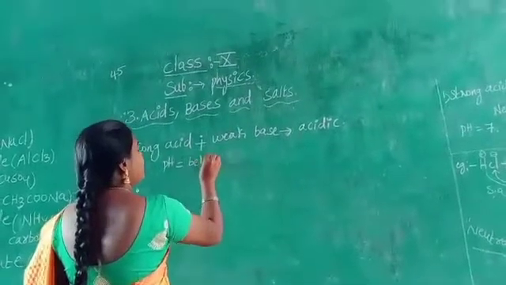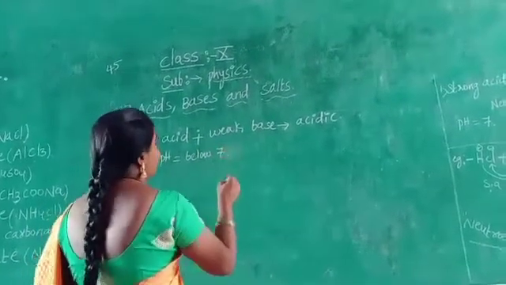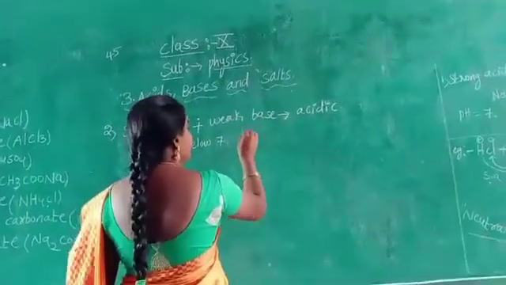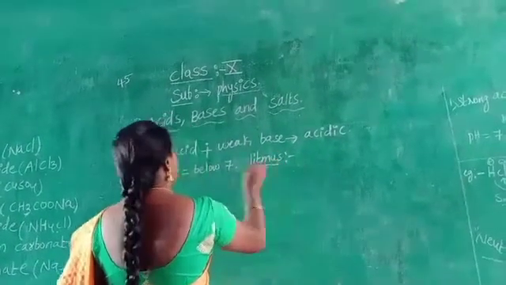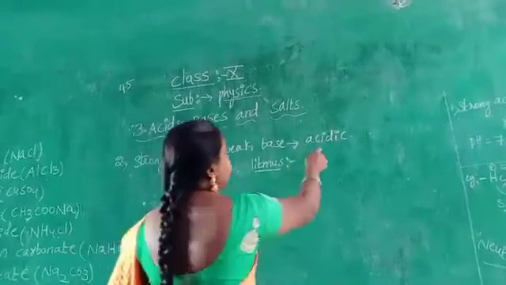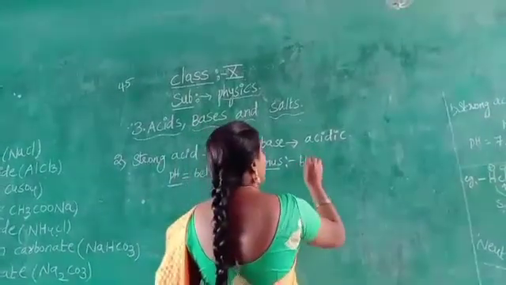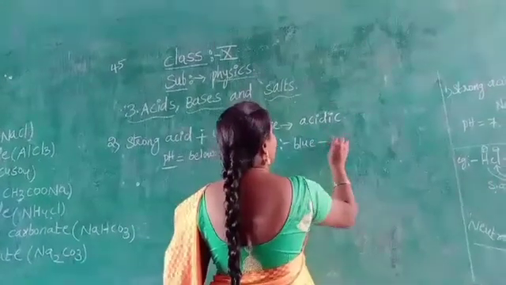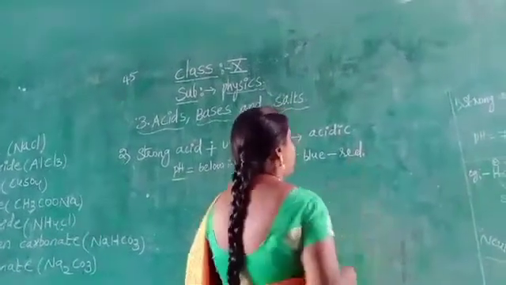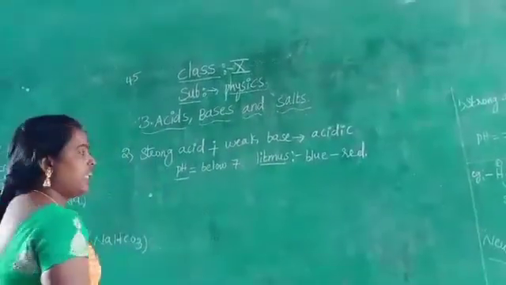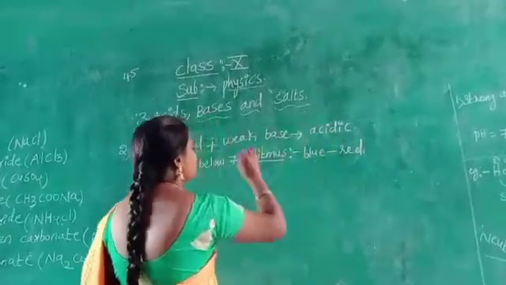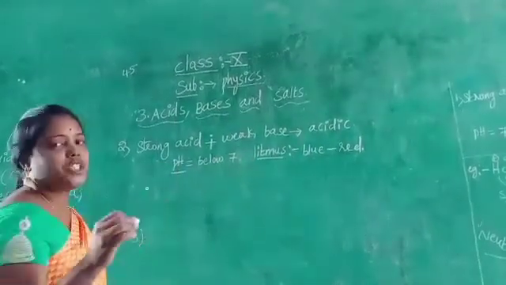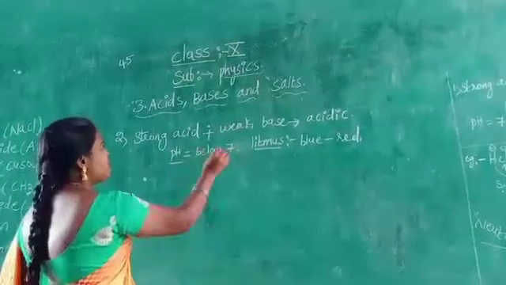Below 7. Then what change can we observe in the litmus paper? For an acidic solution, the blue litmus paper turns red in color. For acidic solutions, the pH value is below 7.